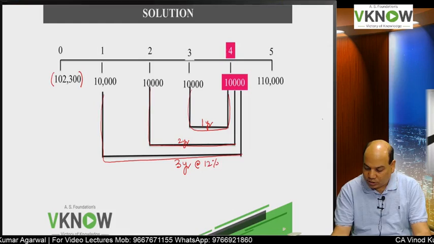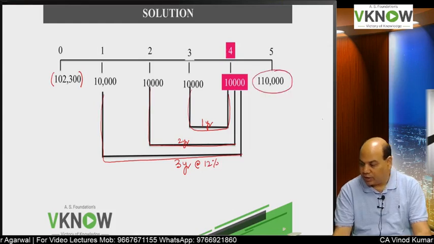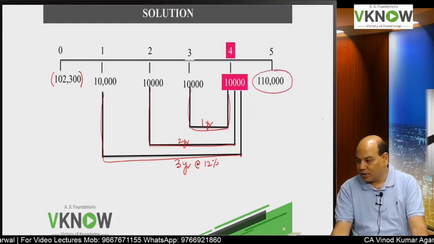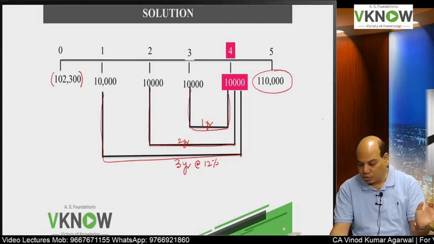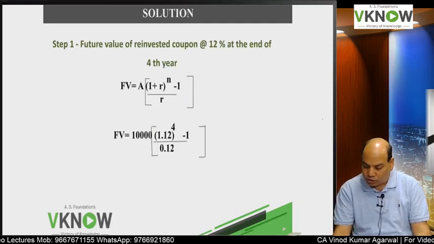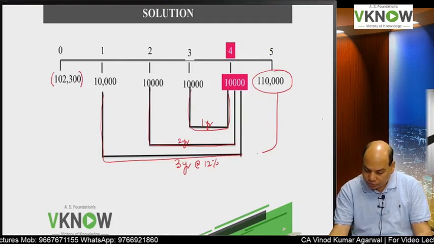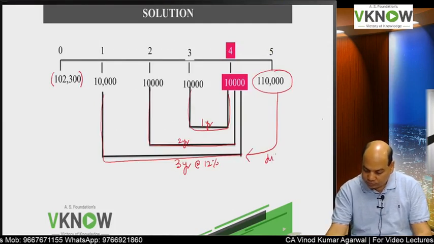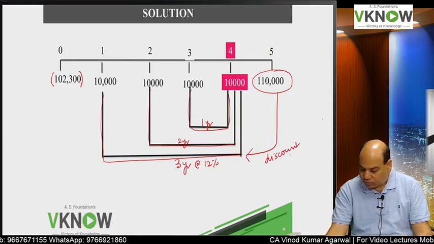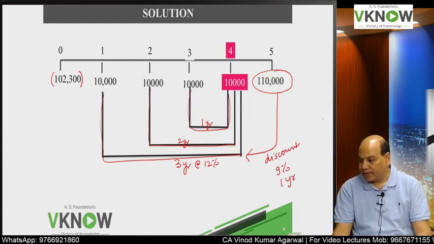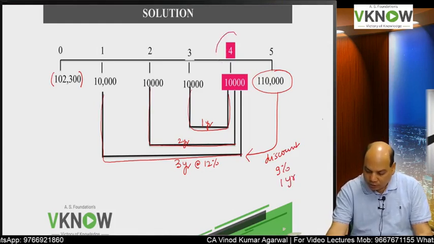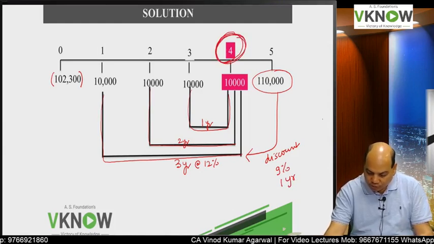And in the 5th year you will get 1,10,000. How did you get 1,10,000? 1 lakh is the face value, 10,000 is the coupon, and this you need to discount. This you will discount by using the expected yield 9% for 1 year, and you will get the terminal or lump sum value at the end of year 4.